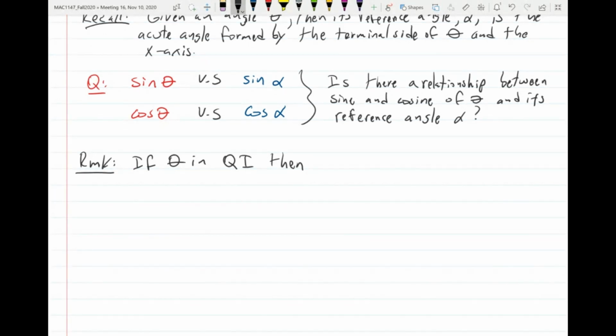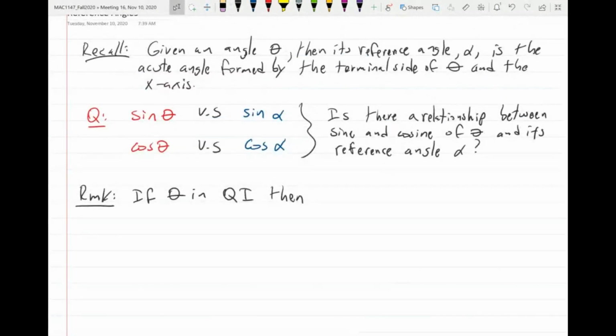Can anybody tell me? No. Look at the definition. What's the definition of reference angle? It is the acute angle formed by the terminal side of theta and the x-axis. We did it at the beginning.